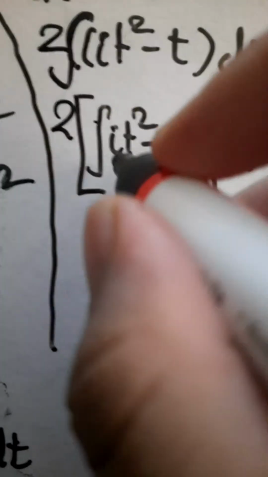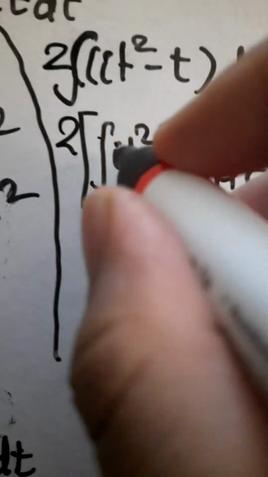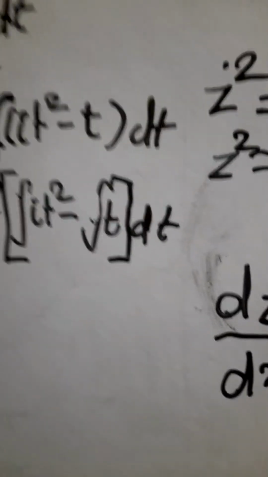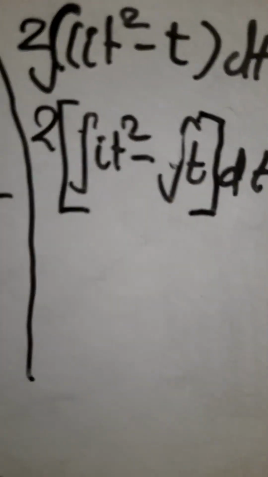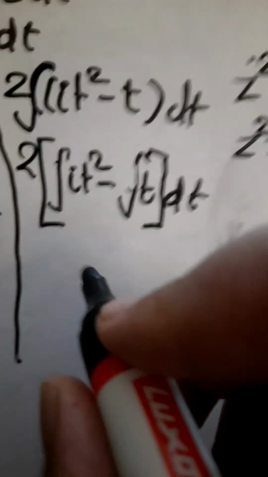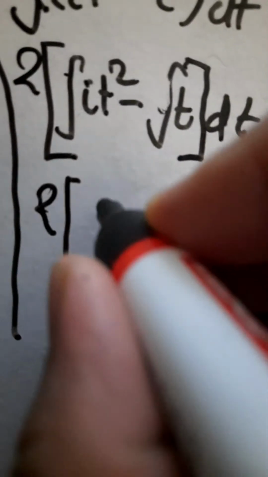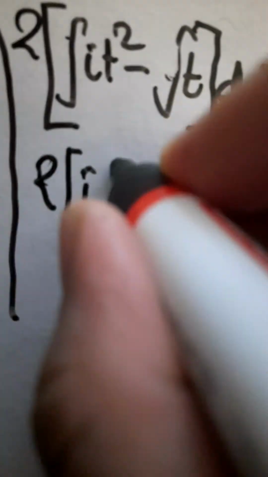Wait a second, why is there 1 here? I can take this constant out because i is constant. Integration of kx equals k integration of x. Since it is a constant, I can take it out and multiply after all the integration is done. So i integration of t square minus integration of t.